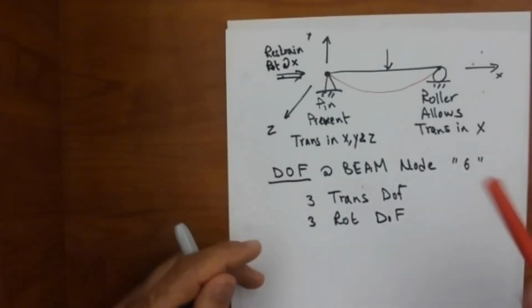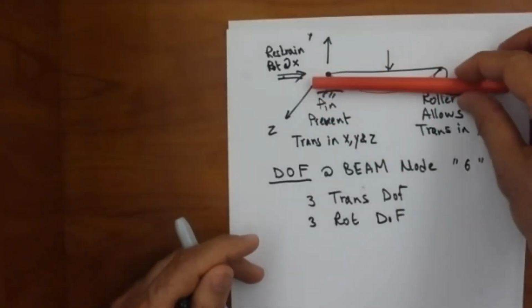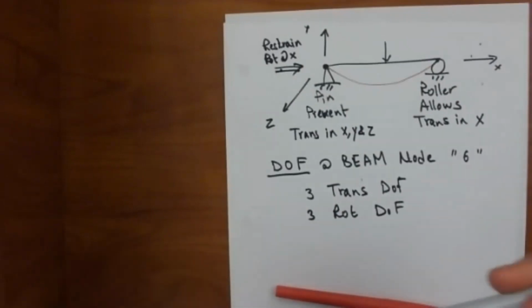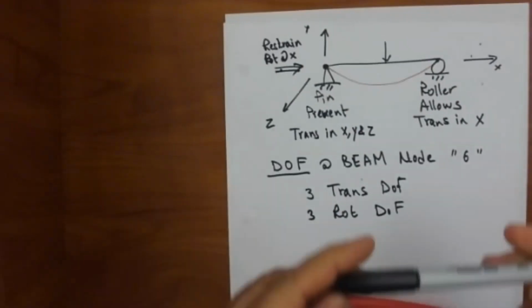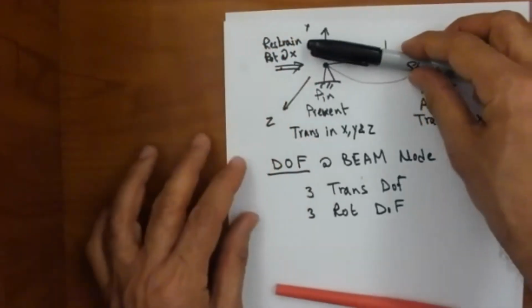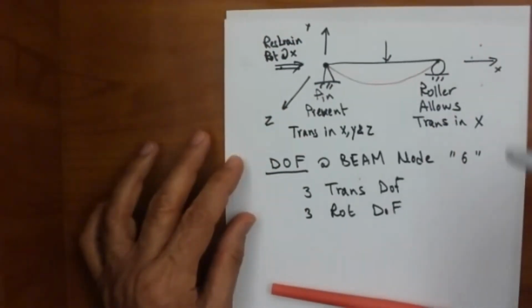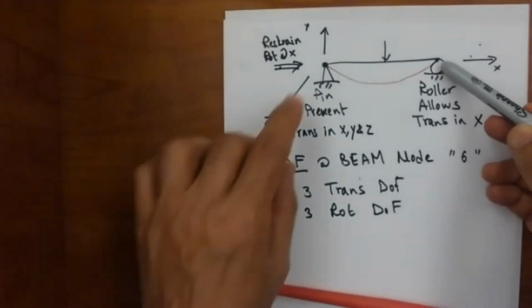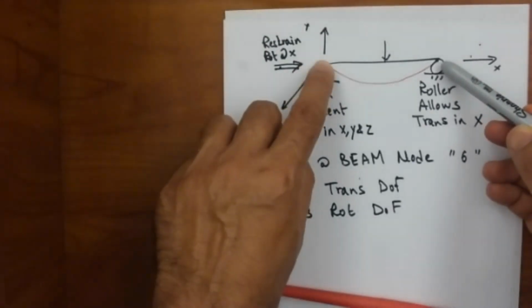Okay. Now let's look at the beam as a whole. This beam, being supported at 2 points, cannot translate along X, because even though it is free to move here, it is held at the left support.